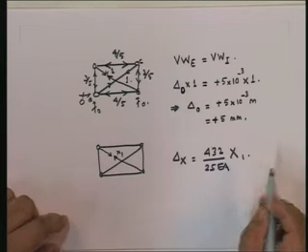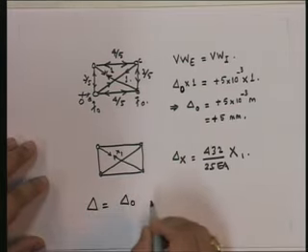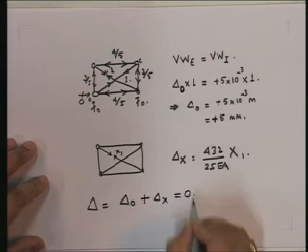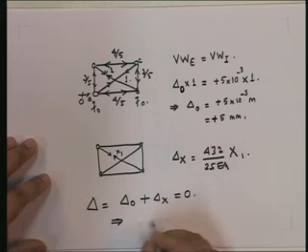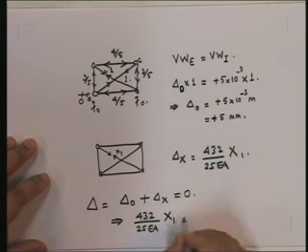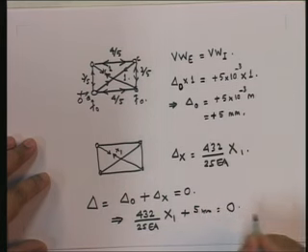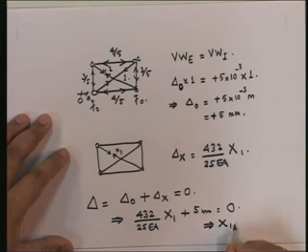So what is the total delta? Total delta is equal to delta 0 plus delta x equal to 0, which implies that 432 upon 25 EA x1 plus 5 millimeter is equal to 0. From that I can find out x1 value.